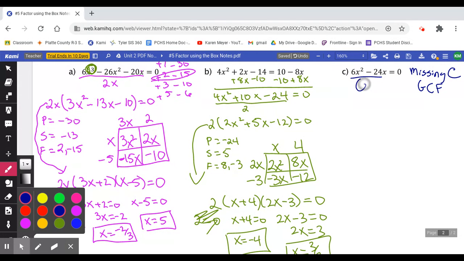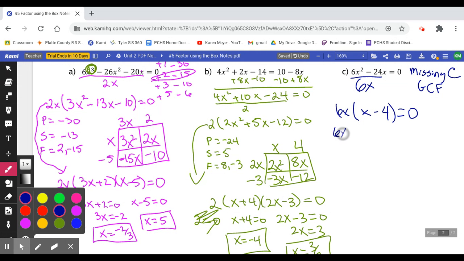So both numbers are divisible by 6, and each term has an x. 6 divided by 6 is 1. Take an x out, so you get 1x or just x. Minus 24 divided by 6 is 4. Take the x out, and there is no x.